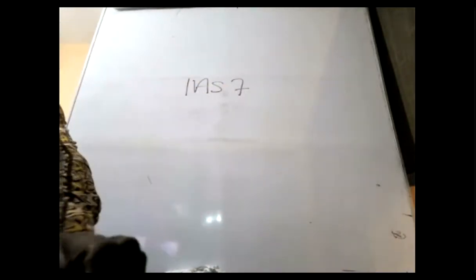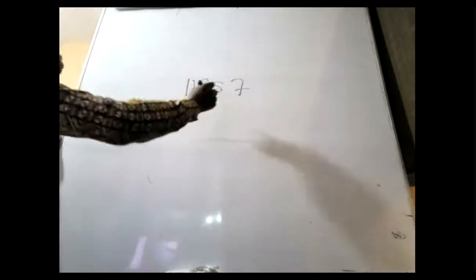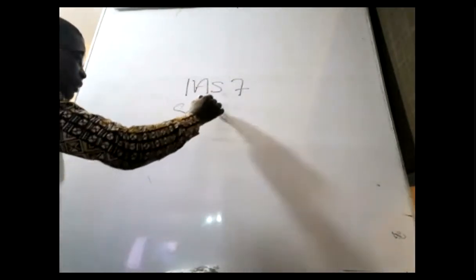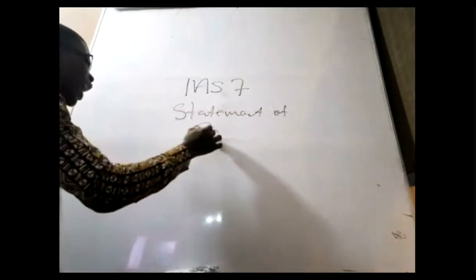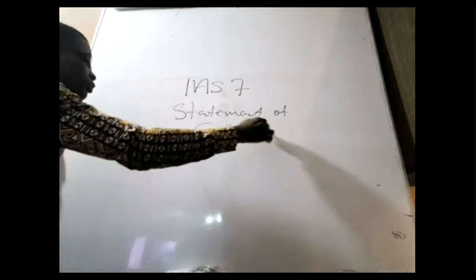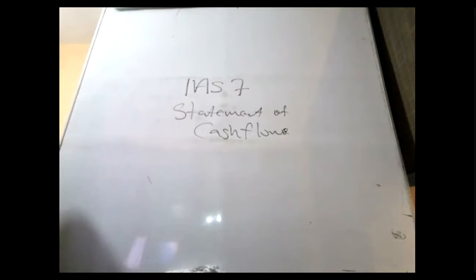That is IAS 7, statement of cash flow. IAS 7 talks about the statement of what? Cash flows.